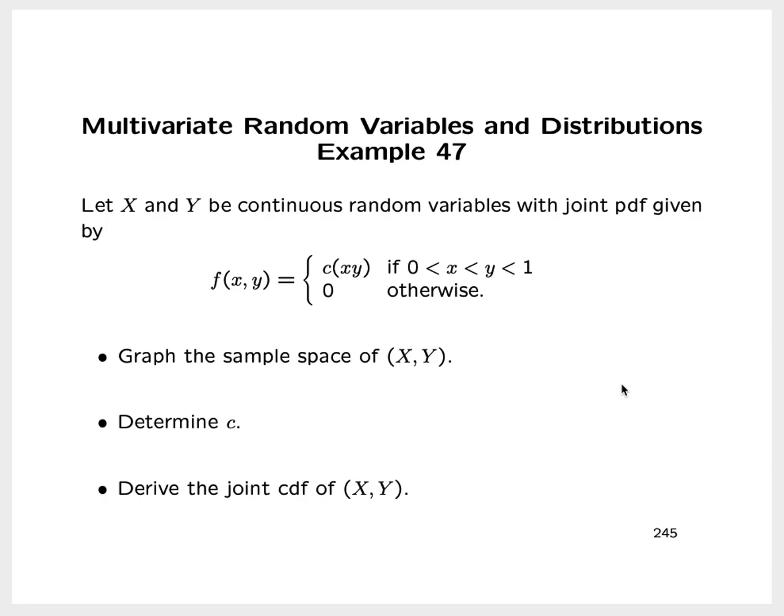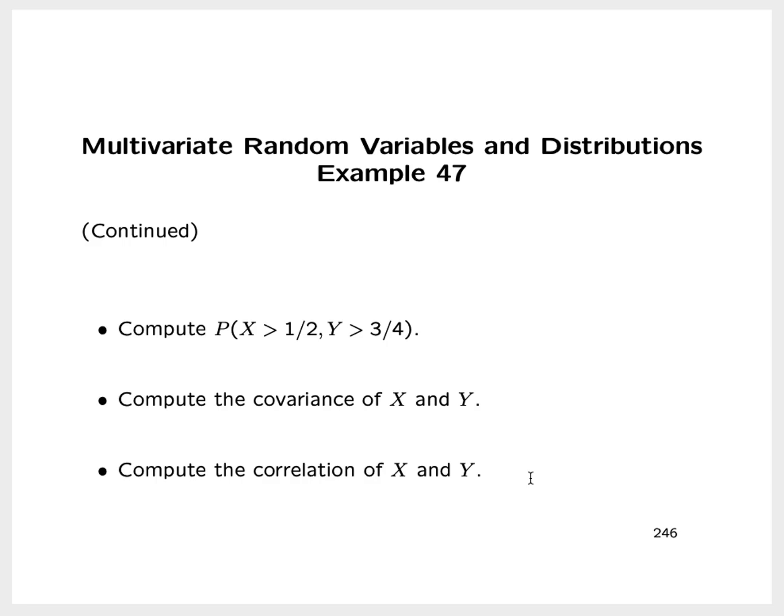So we're going to determine the constant c to make this a PDF, derive the joint CDF, compute that probability, and then compute both the covariance and the correlation of x and y.